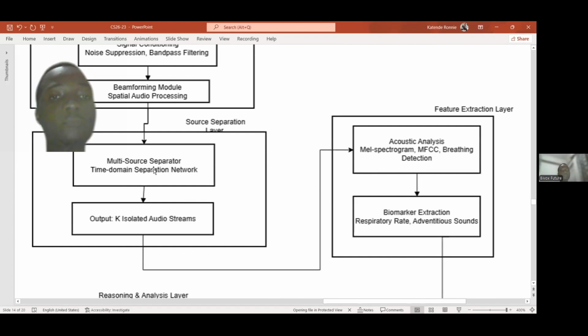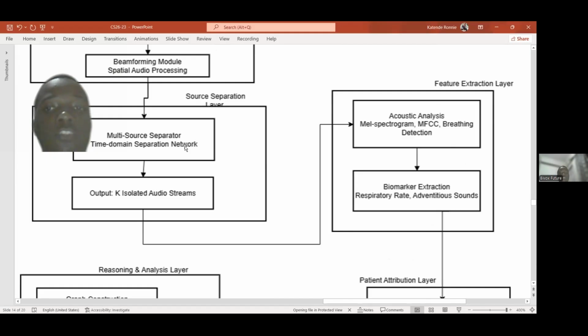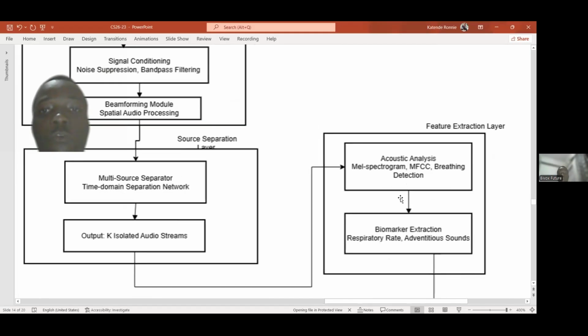Then it went further to the multi-source separator, a time domain separation network, and outputs K isolated audio streams. After that, it was able to output the clean data that we want. Then it went to the feature extraction.